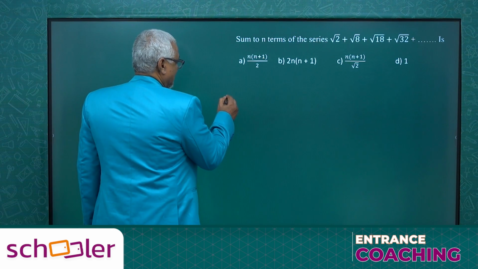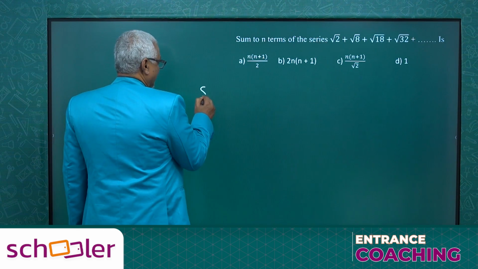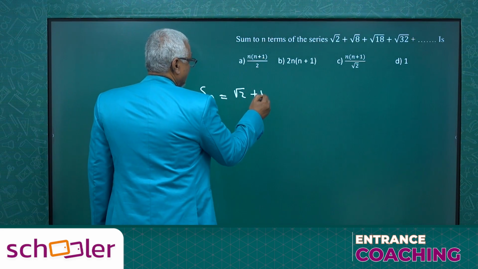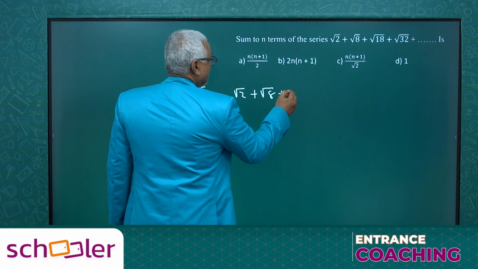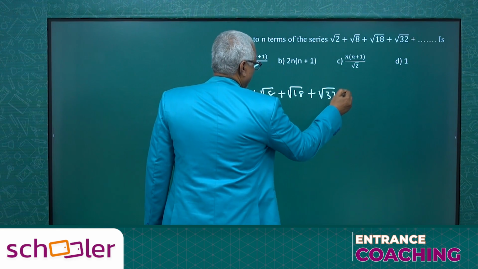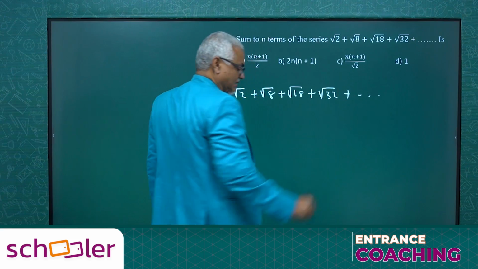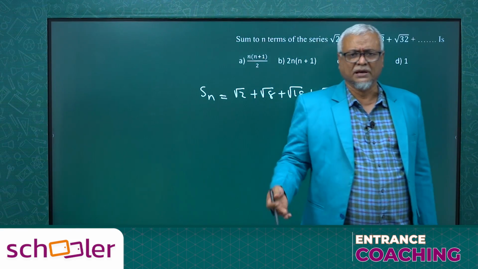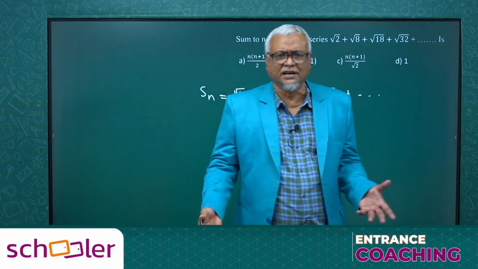So what is it? Sn, the sum to n terms, is root 2 plus root 8 plus root 18 plus root 32 plus etc. It is not an AP, it is not a GP. Then what is it?